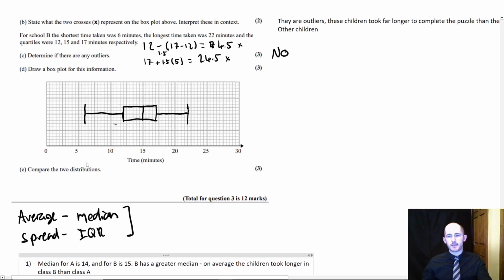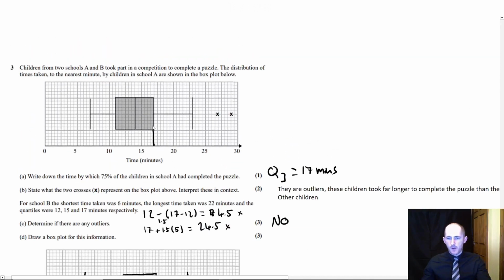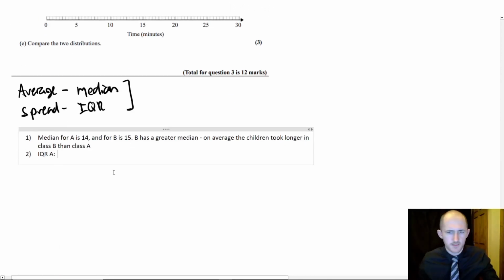Then for the spread, this is where things get a bit more interesting. You have to work out the interquartile range, okay? So, interquartile range for A was 17 minus 11, which is 6 minutes.